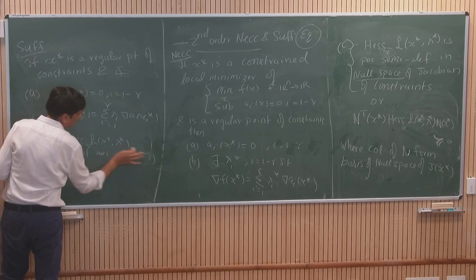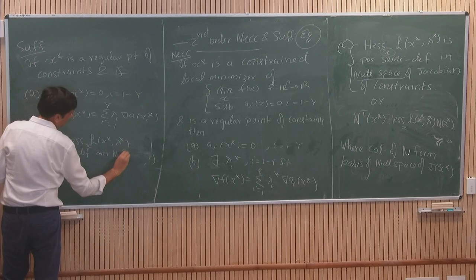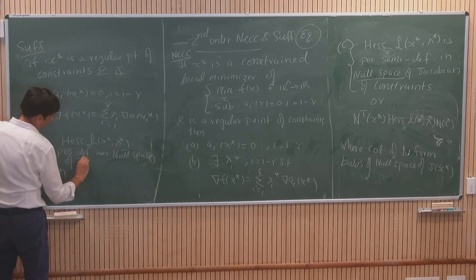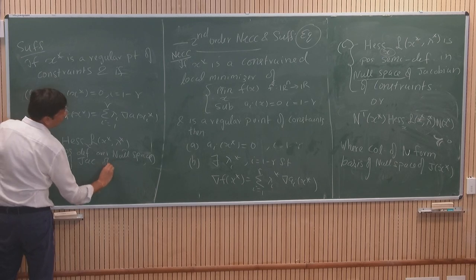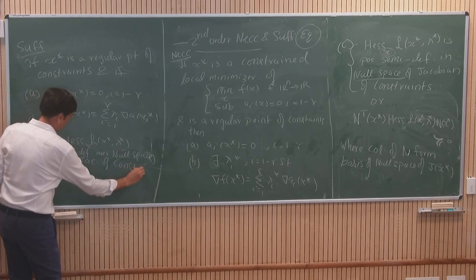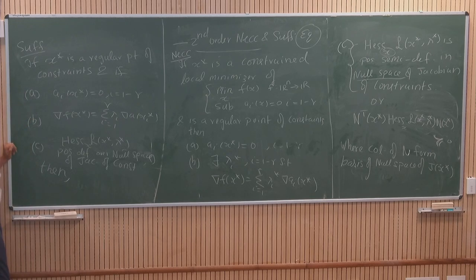Maybe I'll write it so that you don't see two notations. Null space of Jacobian of constraints, then what happens? It's a strong local minimizer, right? That's the difference with the sufficiency condition.